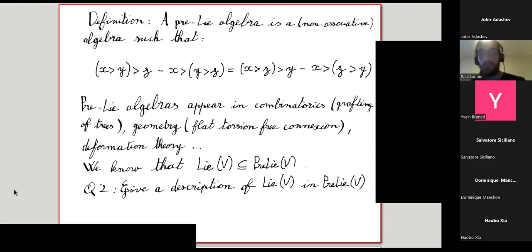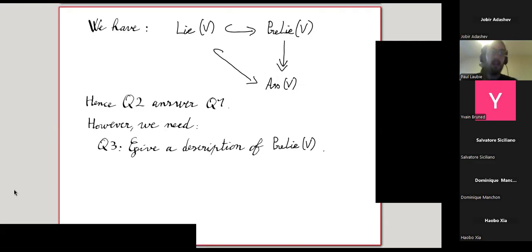In a pre-algebra, the associator is right symmetric. So in particular, if we make it vanish, it is right symmetric. Because of this, answering the second question, we answer the first question. But to have an explicit description, we also need a description of the free pre-algebra.